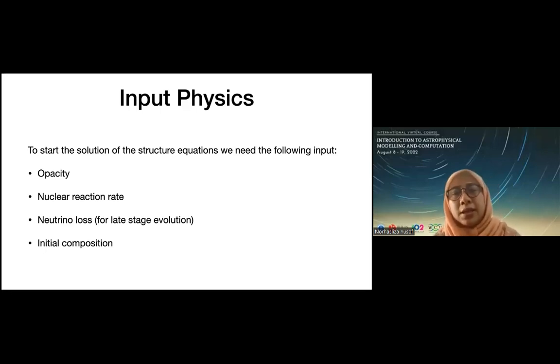Another thing that I don't mention in this slide is, for example, the wind, or what we call mass loss. This is important, especially if your star rotates. Here I don't mention the rotation. If the star rotates as it evolves, there is some contribution from stellar winds.